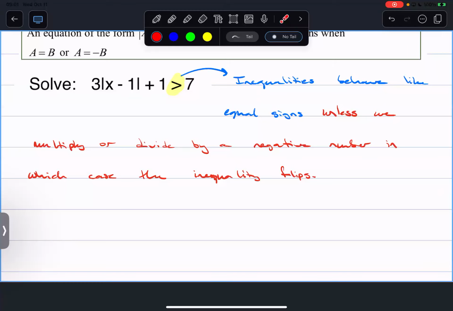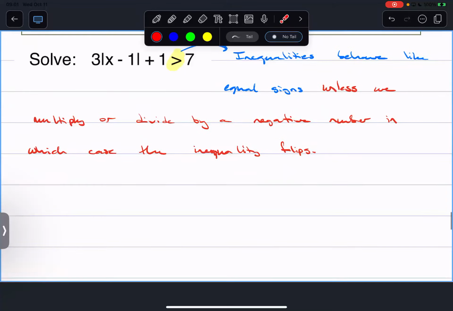And so where is it greater than 7? So not just equal to 7, but 7, 7.1, 7.2, blah, blah, blah, all of them, right? So now we're going to have ranges of x that give outputs greater than 7, right? And so that's what we're going to find.